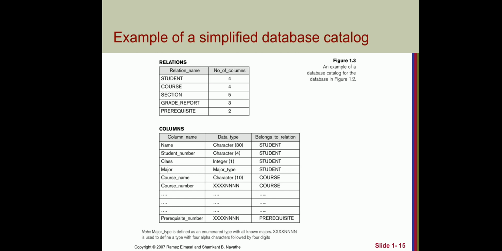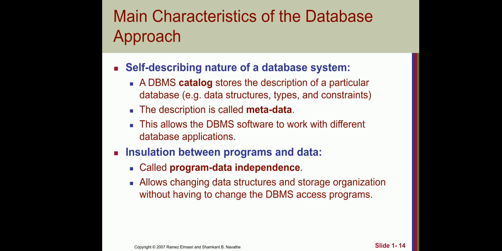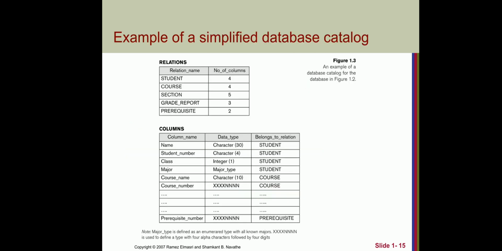With the traditional file system, we need to change the program used for accessing the information. But here the DBMS takes care of all this. We can change anything without changing the program which is accessing the data. This is insulation between programs and data.